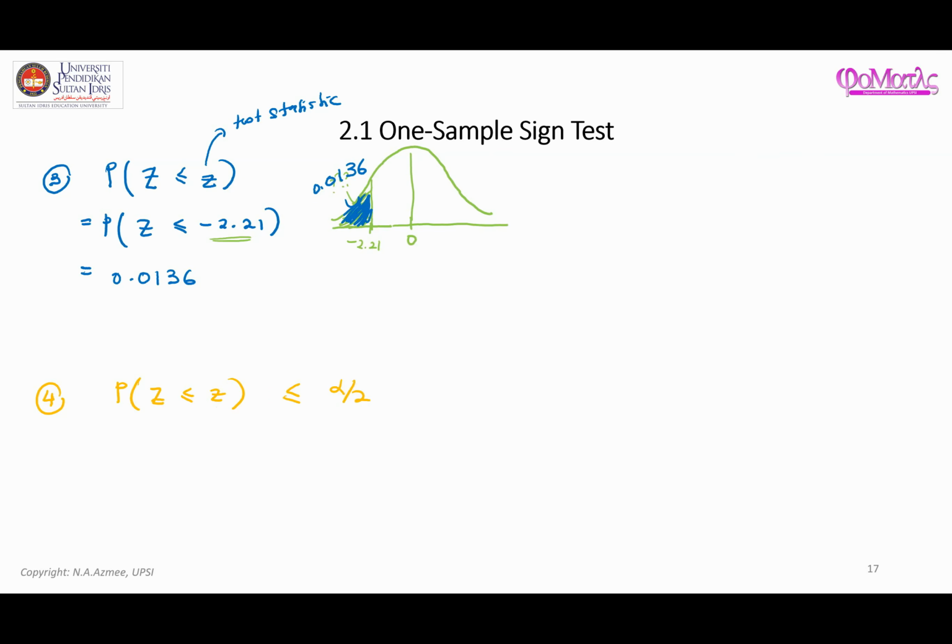This is the condition that you need in order to reject H null. Clearly, what we have is 0.0136 is less than or equal to 0.025. Therefore, you are going to reject H null.